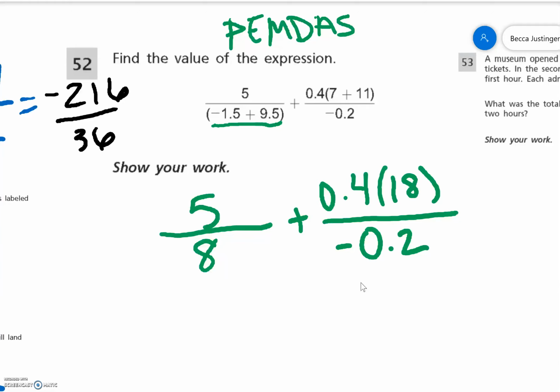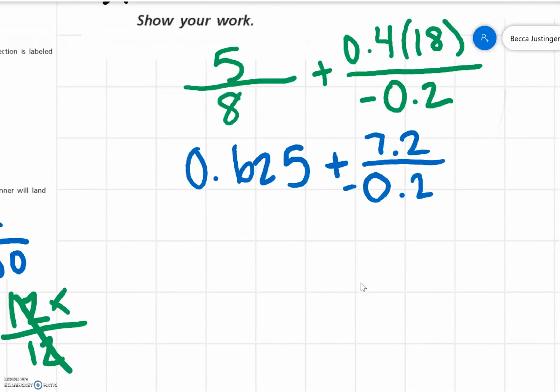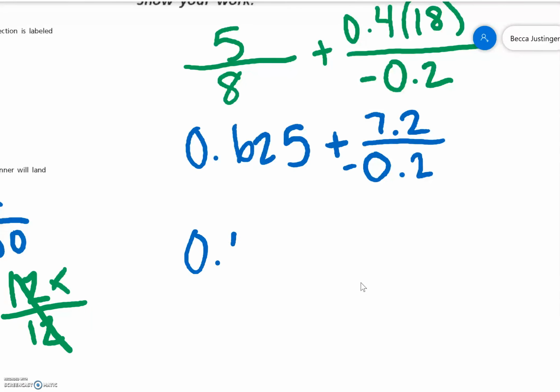So I'm going to do 5 divided by 8. That's 0.625 plus 0.4 times 18 is 7.2. Next, we're going to divide that 7.2, so we'll leave the 0.625.